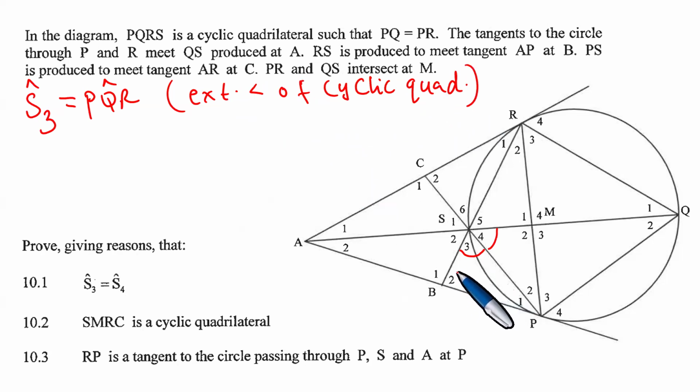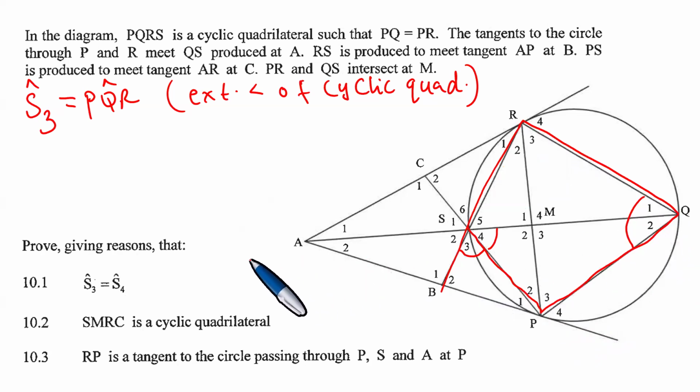Why is S3 equal to PQR? Because of the exterior angle of a cyclic quadrilateral. So S3 is equal to PQR, exterior angle of cyclic quadrilateral equals the interior opposite angle.